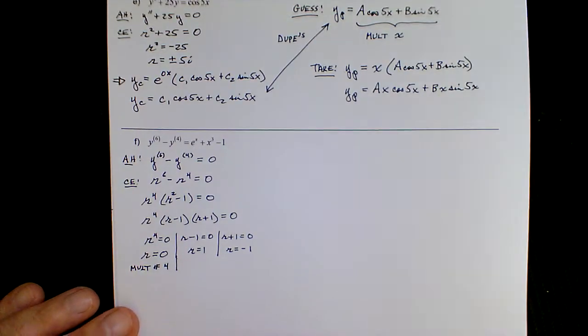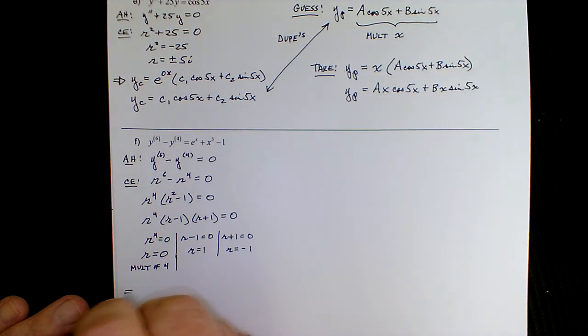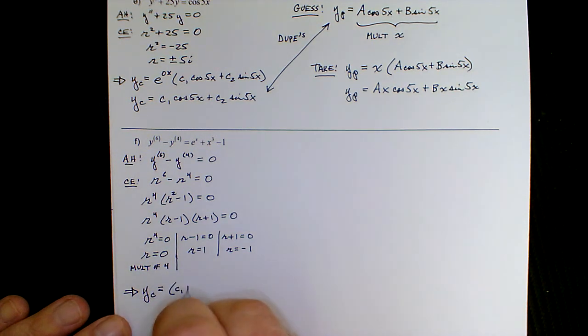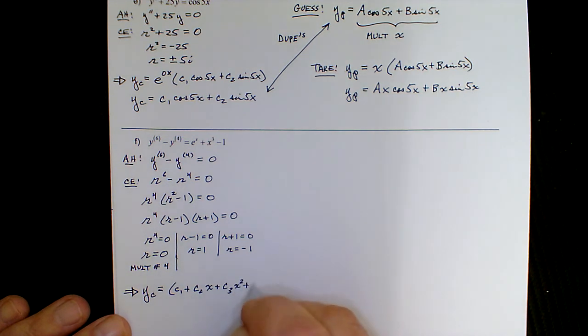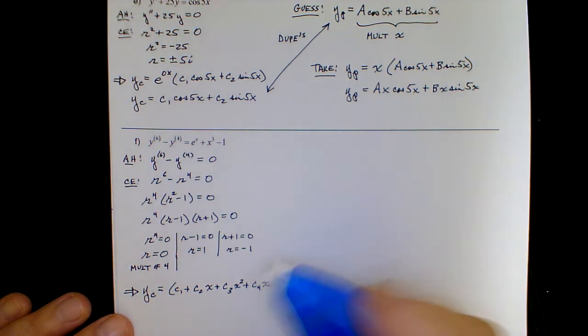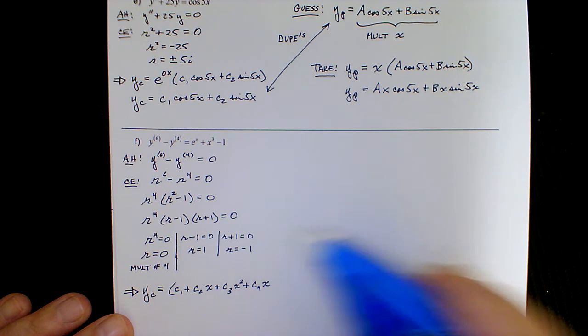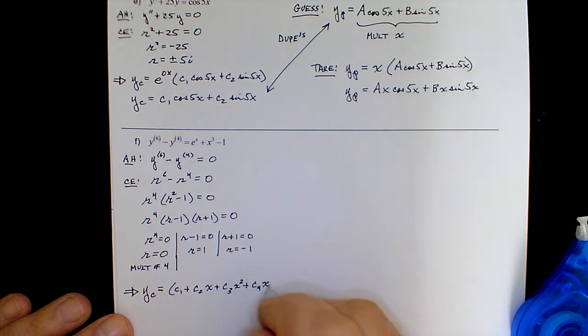Okay, so coming from the multiplicity of 4, y sub c is c1 plus c2x plus c3x squared plus c4x cubed, all times e to the 0x.